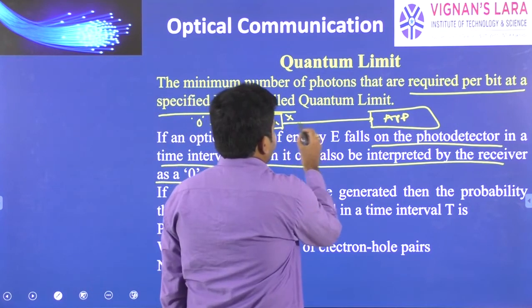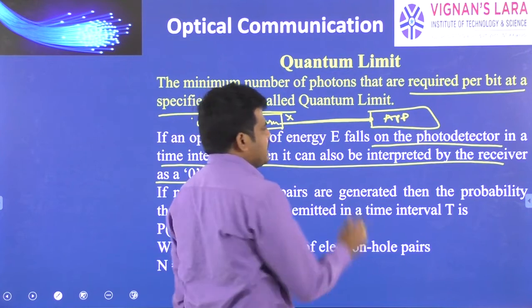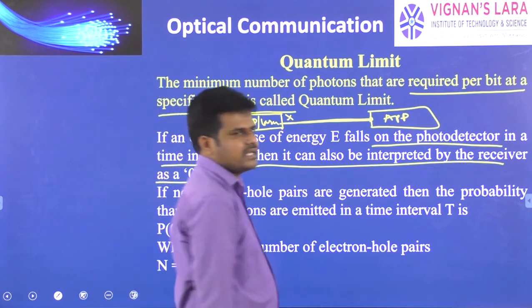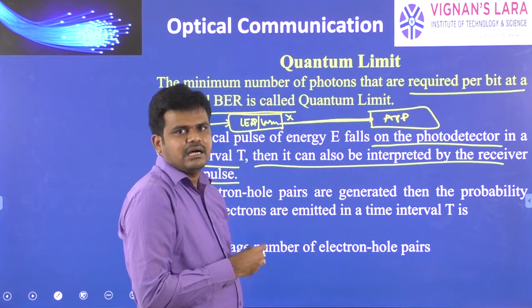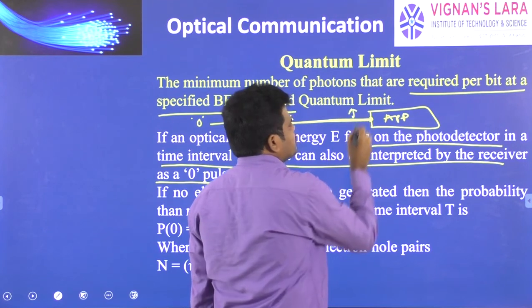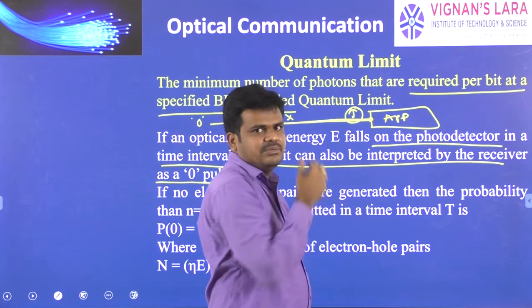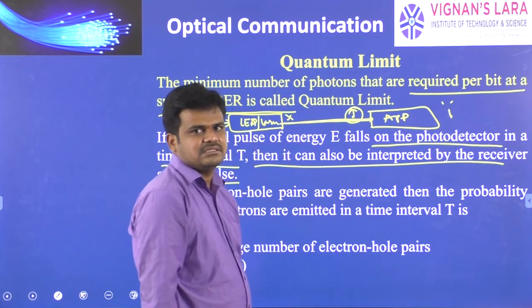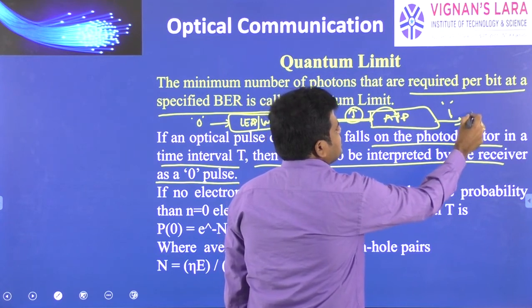But in the optical fiber some external noise is added, and also at the avalanche photodetector, due to some noise levels, the overall noise at the input of the APD is very high, and this signal may be misinterpreted as logic 1, and due to this it may generate a current pulse.